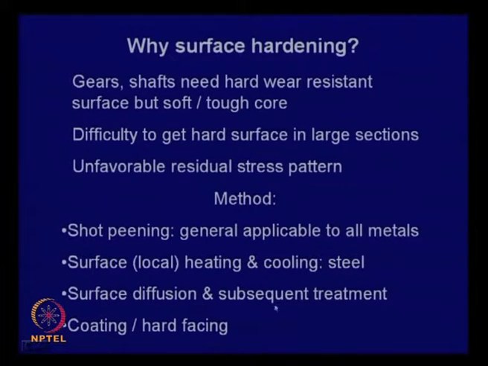Normally, in order to have a tough core, it is often necessary to have low carbon in the core. Low carbon in the core gives you very good toughness, and you can also give some special heat treatment by which you can improve the toughness of the core. The carbon is mostly present as cementite, and if it is present in pearlite, it may not have that kind of toughness.